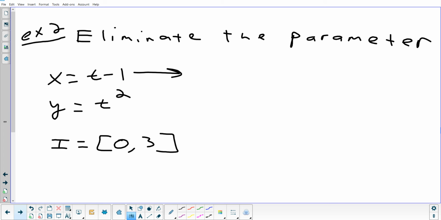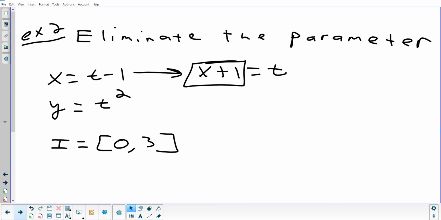So what's preventing the t from being by itself right now? The minus 1. So what would be the opposite of a minus 1? Add 1. So you want to add 1 on both sides, and that would be your answer. So if you added 1 on the right, you'd have t. But what if you added 1 on the left? Yep, add 1 on the left. Just x plus 1. Okay, so there's your formula for t.